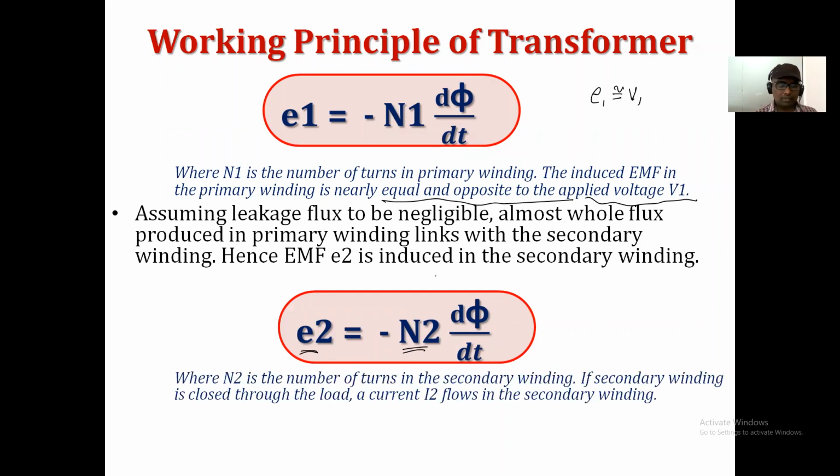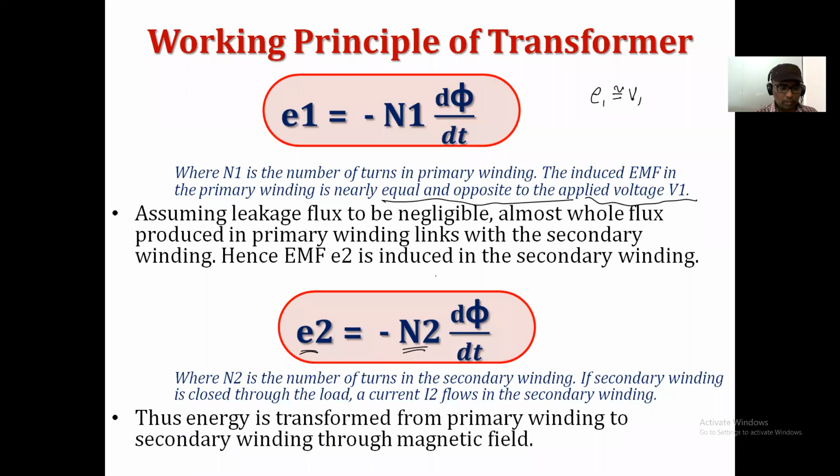Where N2 is the number of turns in the secondary winding, if the secondary winding is closed to the load, the current I2 flows in the secondary winding. जर secondary winding ही close झाली तर त्यातून काय होणार आहे? Current flow होणार आहे. Thus, energy is transformed from primary winding to the secondary winding through magnetic field.